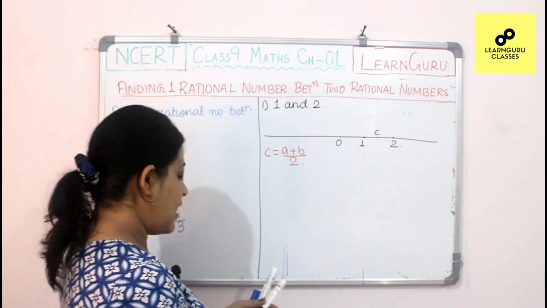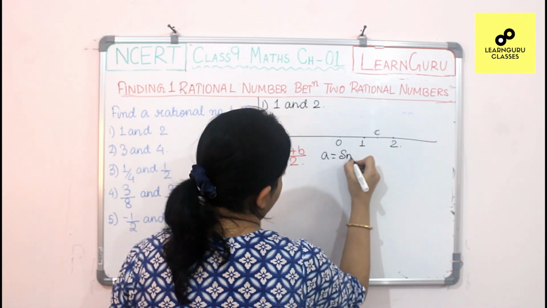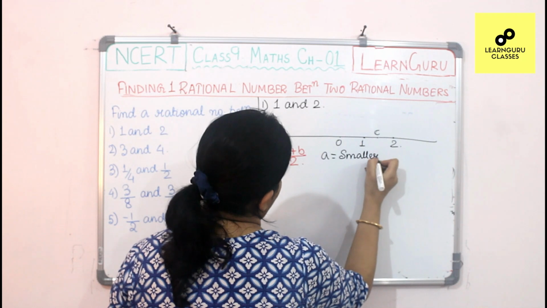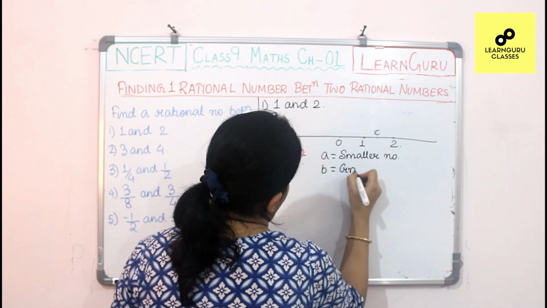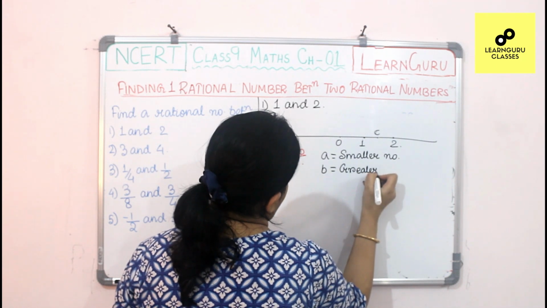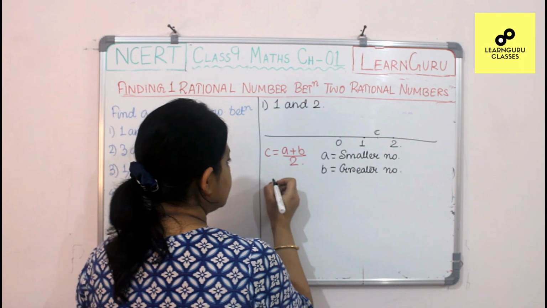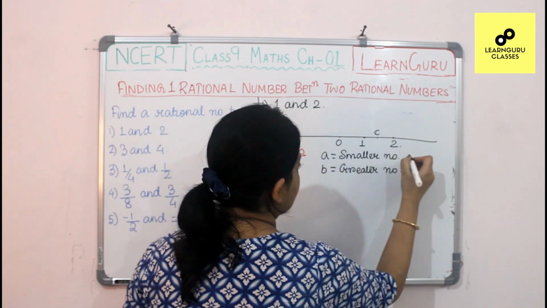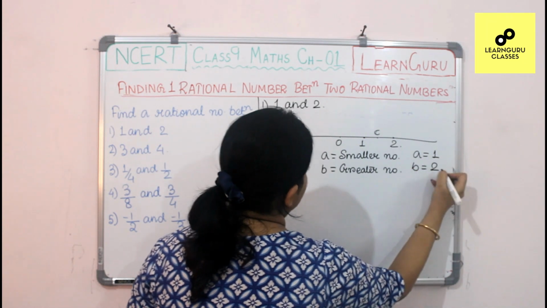Let A be the smaller number and B be the greater number. In this case, A is equal to 1 and B is equal to 2.